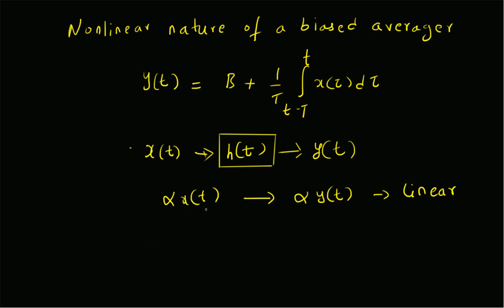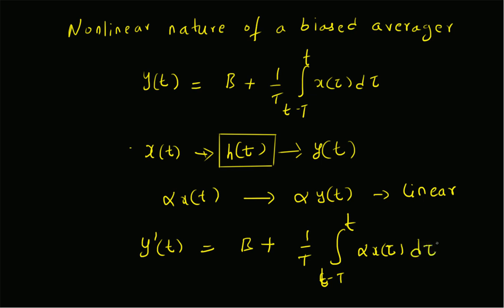When alpha times x(t) is the input, let us say y'(t) is the corresponding output, given by b + (1/T) ∫ from t−T to t of alpha times x(τ) dτ. In other words, when we replace the input x(t) with alpha times x(t), we get y'(t) = b + alpha times the average.